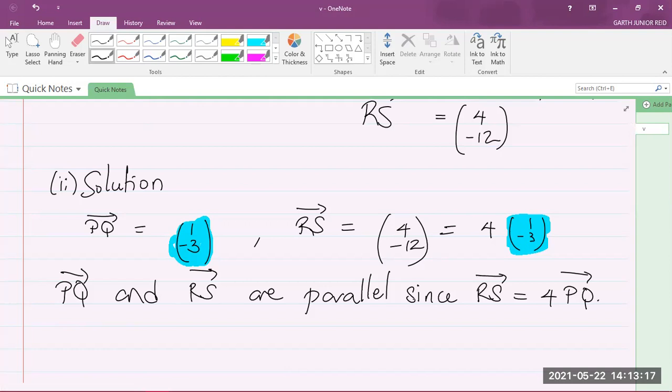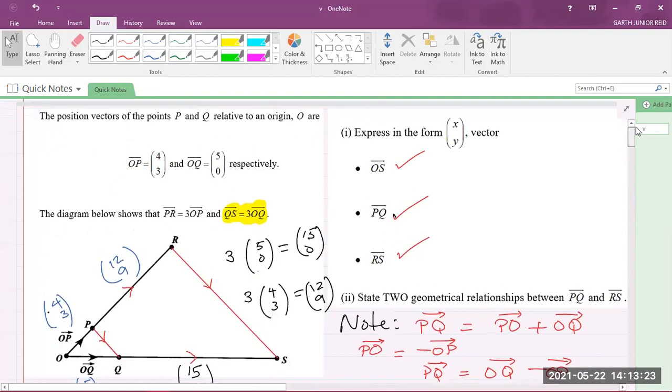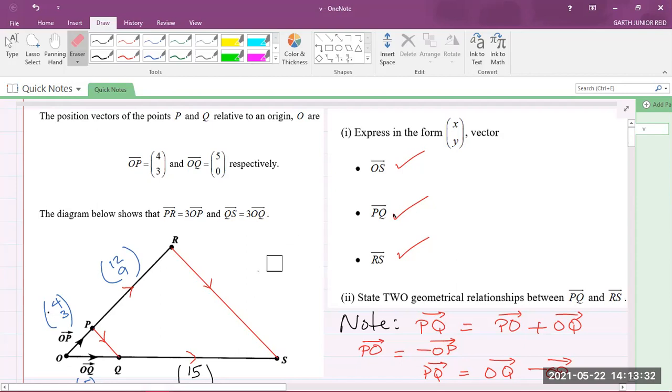Let us come back to the diagram here and fill in one more thing. We know that the vector RS is 4, -12, which we just calculated. And we are focusing on the vector PQ, which we know is 1, -3.